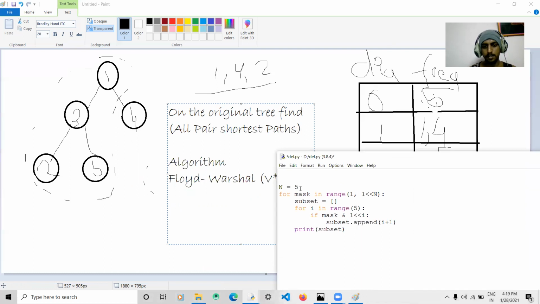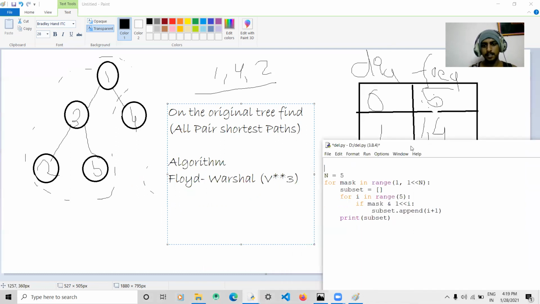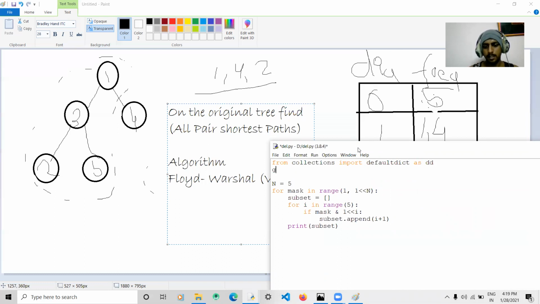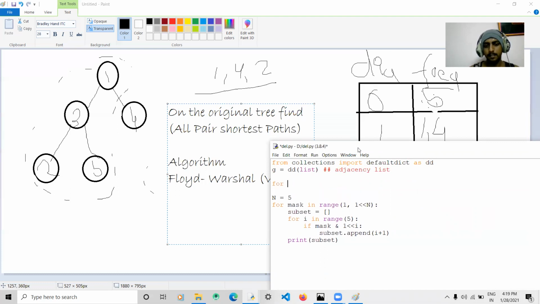This was for masking. Suppose we take our tree as an adjacency list. You can find code in other languages in the link in the description, but for now, just bear with me. This is an adjacency list. The default dict is so that I don't get key error. And here's my graph. Once you have n, I need to take the graph.